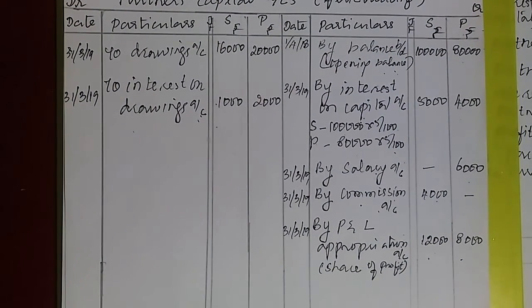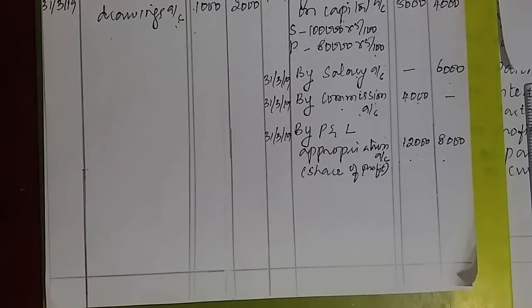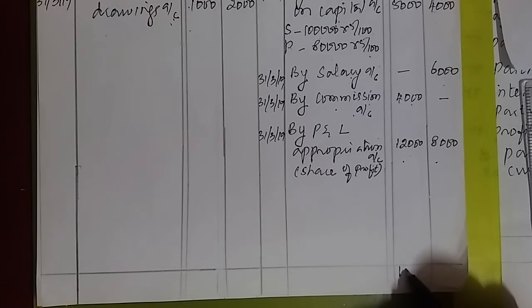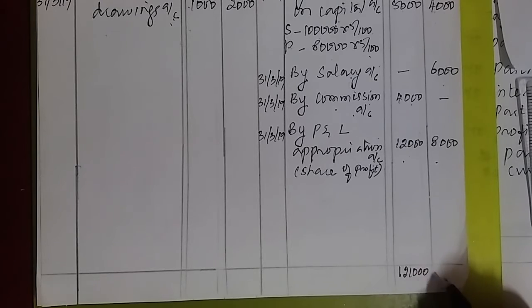We shall total this. If we total, how much do we get? Here the credit side total is more, so we write the total on the credit side. Sachin's total is 1,21,000. For Pratham, 98,000.